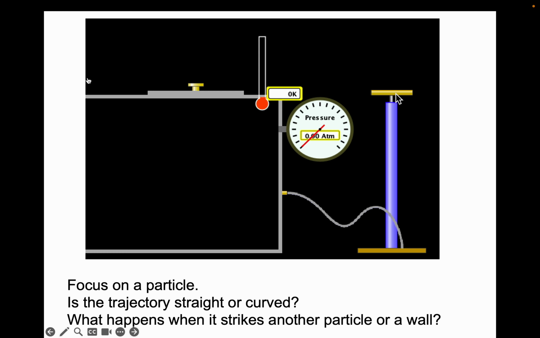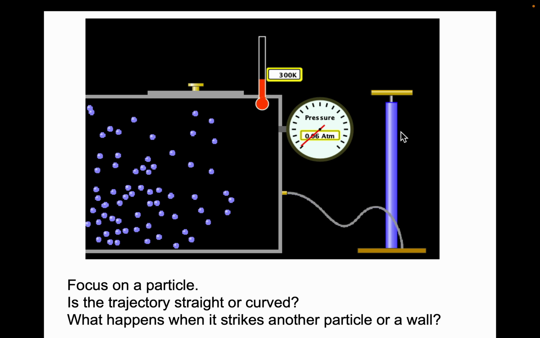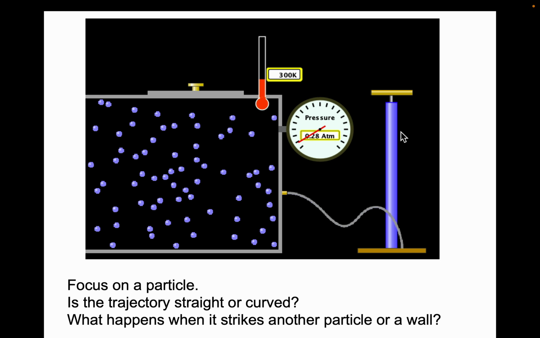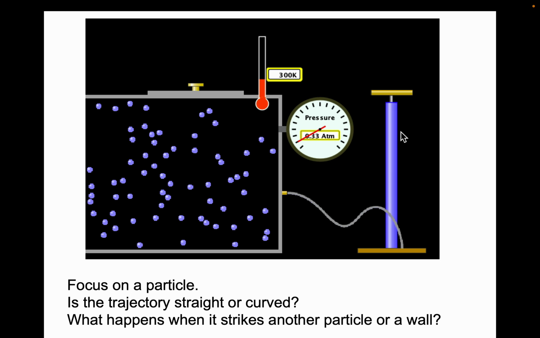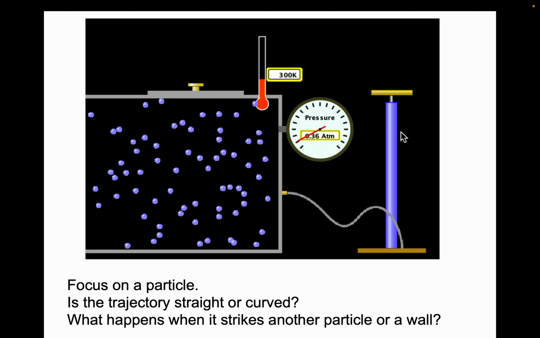And consider whether the trajectory of your particle is straight or curved, and what happens when it strikes another particle or the wall? Particles will be added. Try to pick one and track its motion. If you lose your particle, choose a different one.